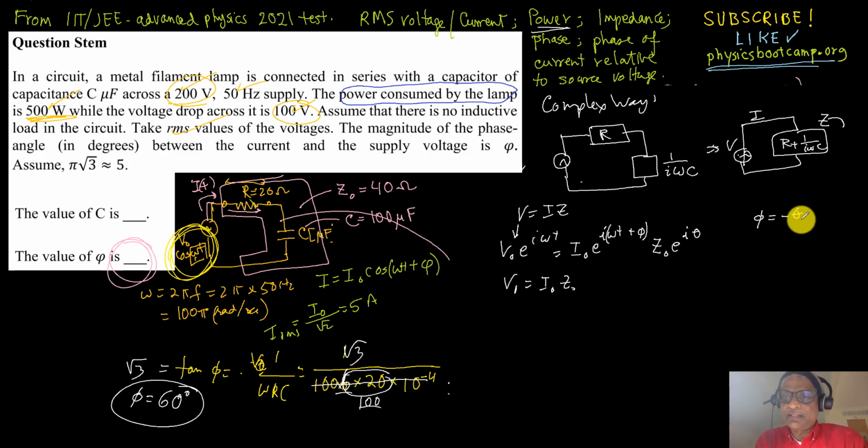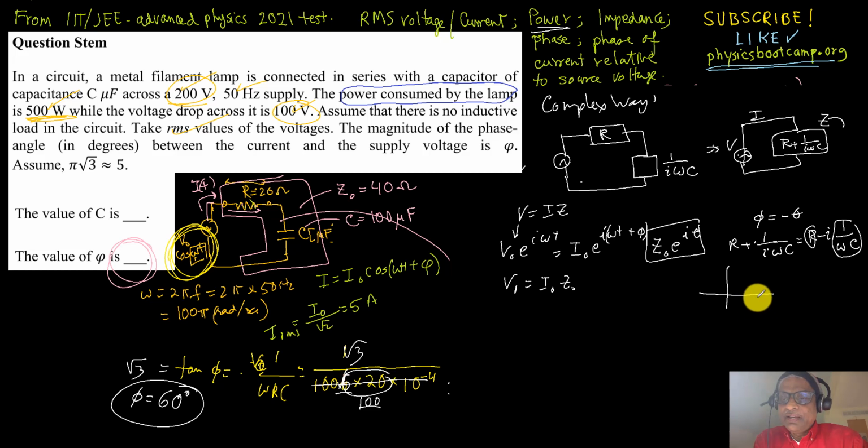So what's theta? Z is R plus 1 over i omega C, which I write as R minus i times 1 over omega C. So this is the real part and this is the imaginary part.